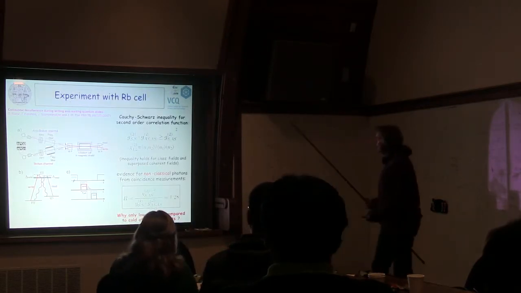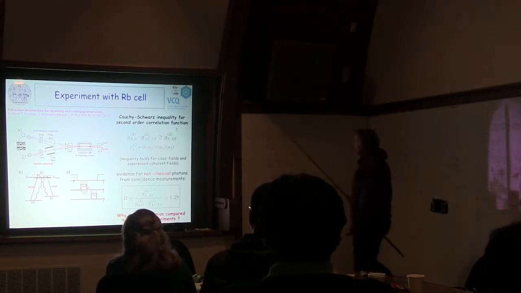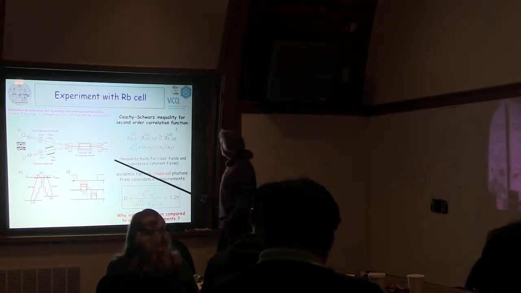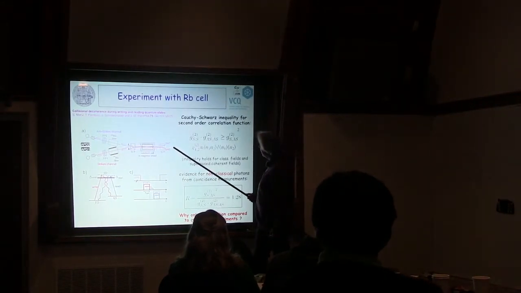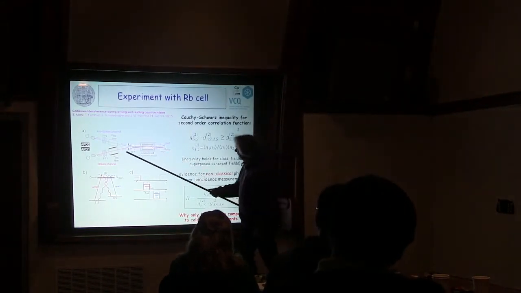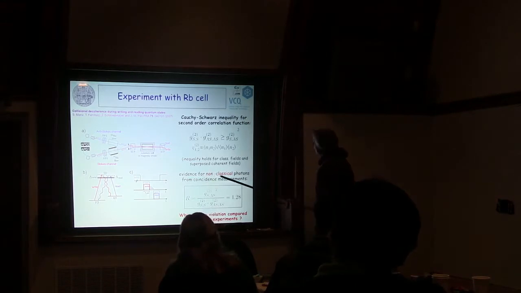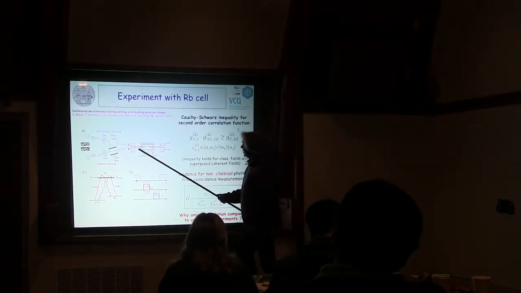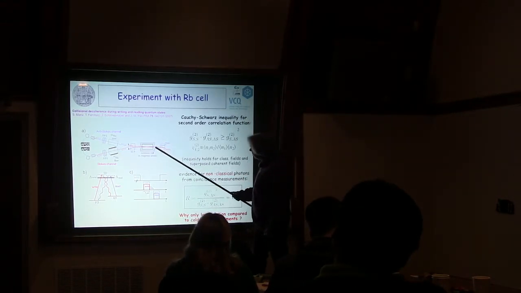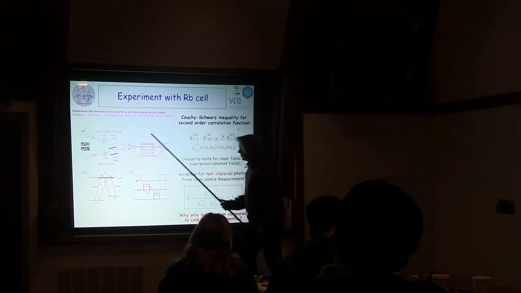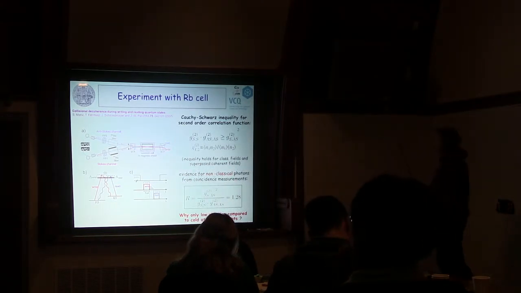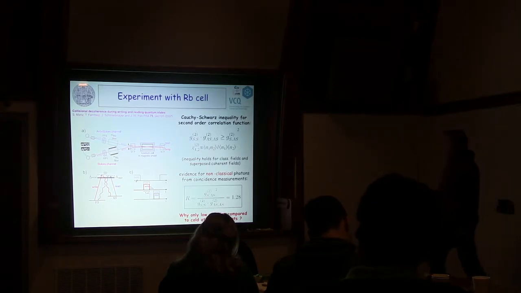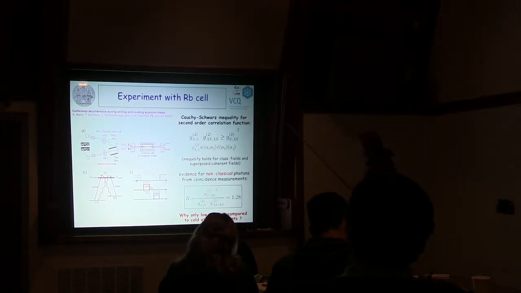The basic idea was that you take an atomic ensemble, a cell, and you send in read and write light, and you get Stokes and anti-Stokes light out, and they should be quantum correlated, because if I create one excitation, I read out one. You should be able to violate the Cauchy-Schwarz inequality and all these other things with the system.